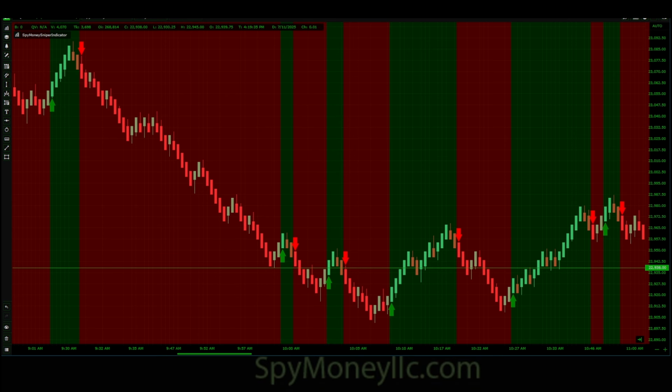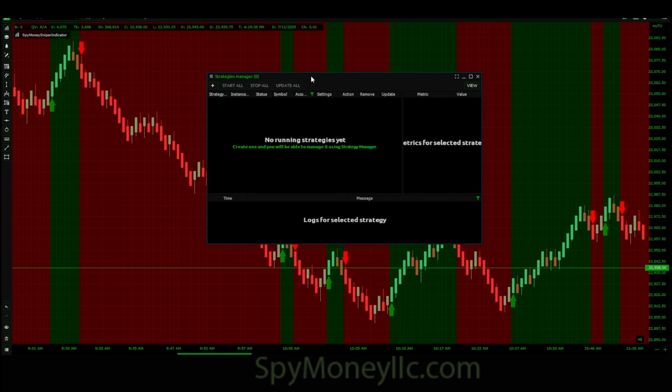So the way the bot works is, let me open one up here. So we go to the strategy manager to get the bot turned on. We're going to go in and click on the icon at the top of the control panel that says strategy manager.